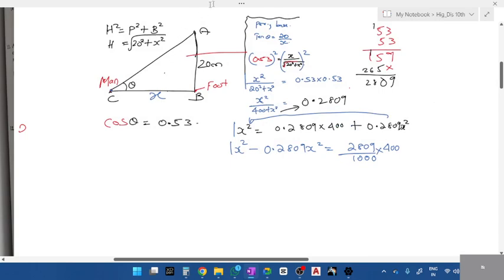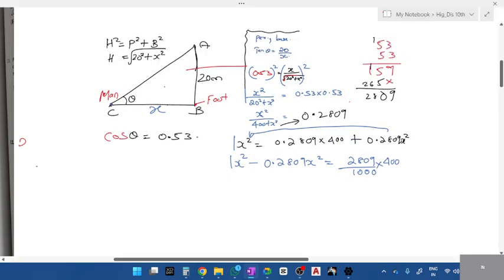Now tell me, what is 1 minus 0.2809 subtracted? 1.0000 minus 0.2809.